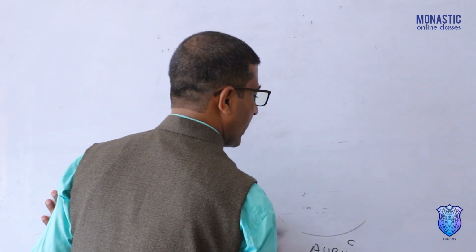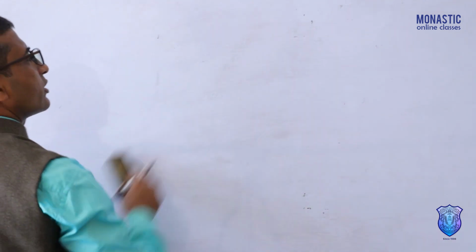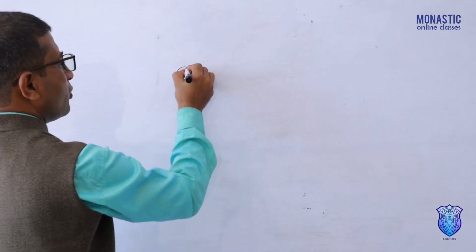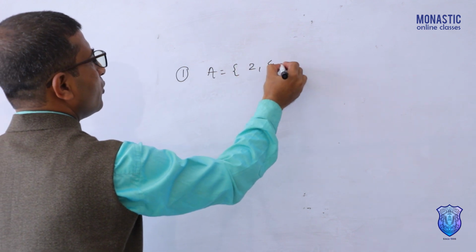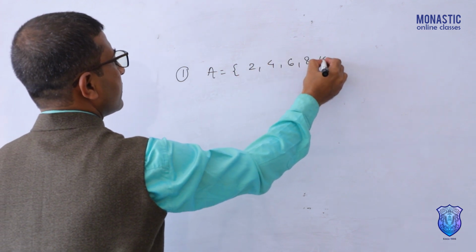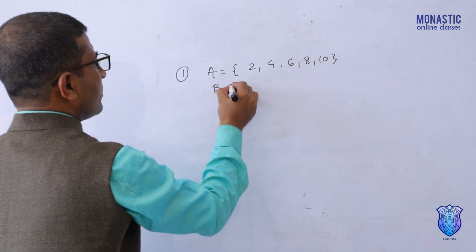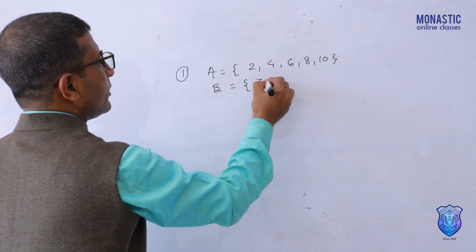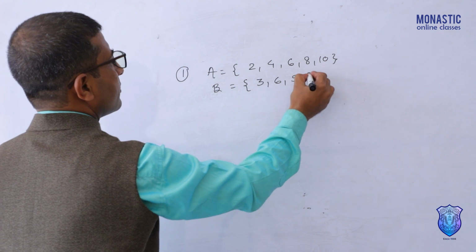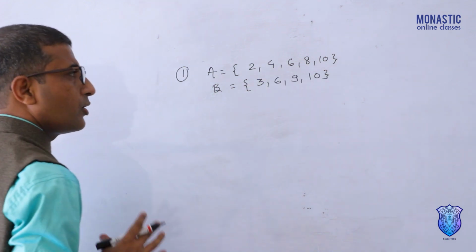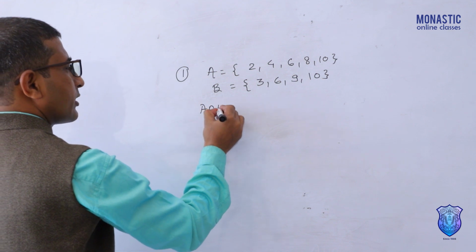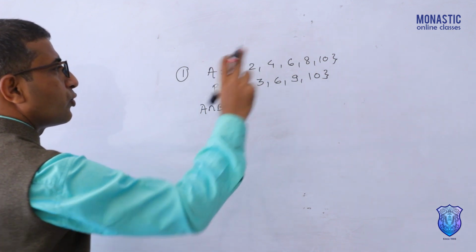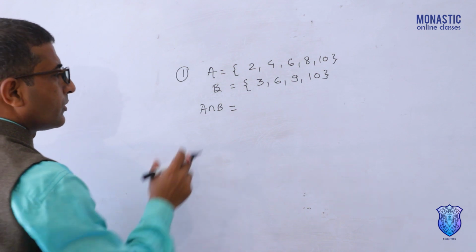Now, when we have to find the intersection and we have to show it in Venn diagram, A is 2, 4, 6, 8, 10 and B is 3, 6, 9, 10. There are 2 sets given. First of all, we have to find the intersection and we have to show this in Venn diagram.